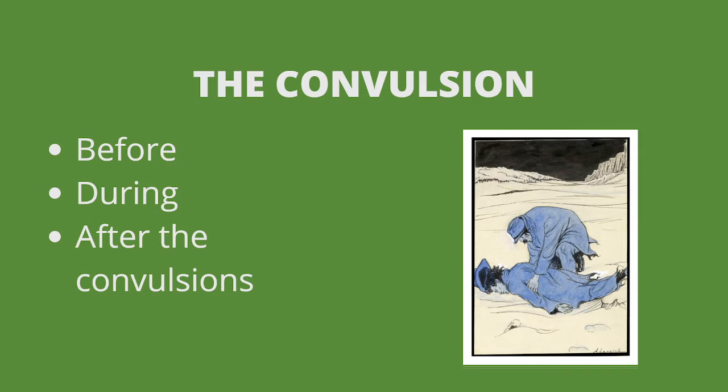Then, during the convulsion, they suddenly become unconscious and fall to the ground. Their body will have jerky movements, and they may have tongue biting with loss of bladder and bowel control. This may last for a minute or two. There will be a recovery phase. During recovery, they will still be forgetful and drowsy and may want to sleep for a while.